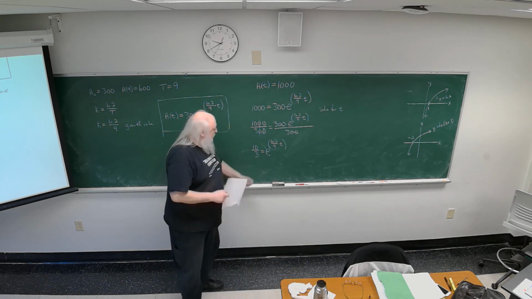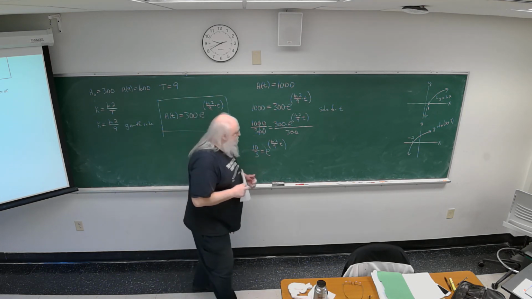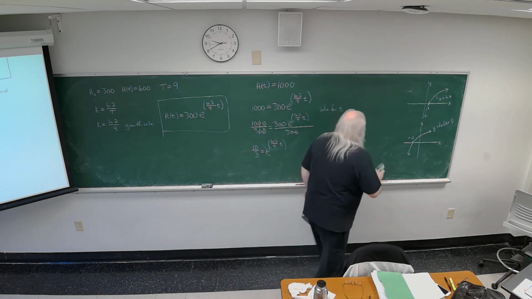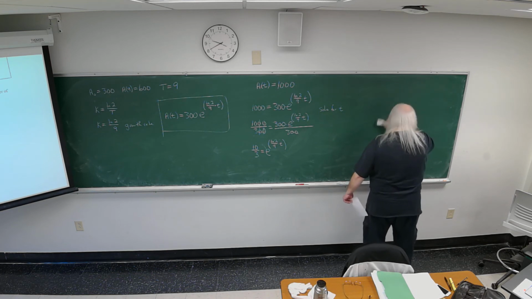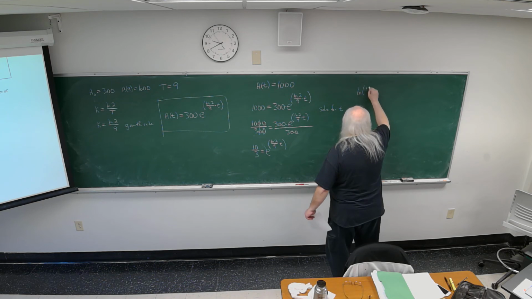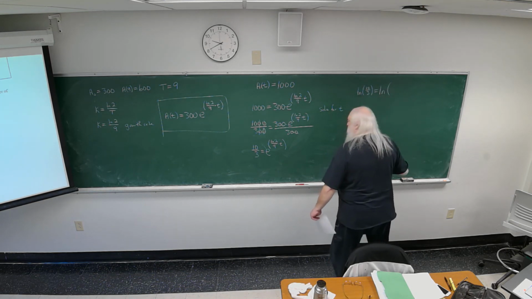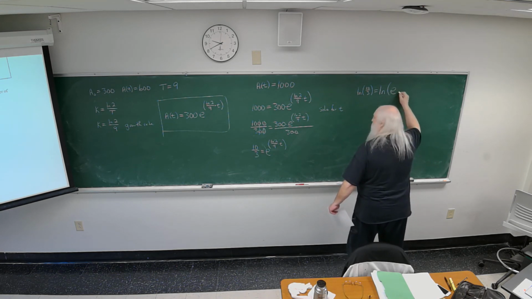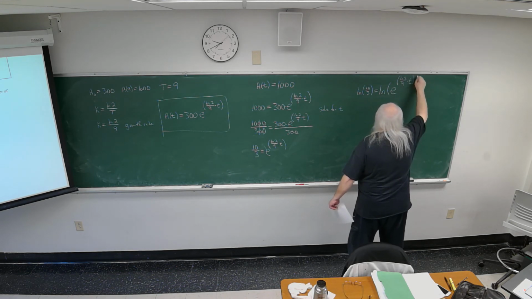By now you should realize the inverse function of the natural exponential function is the natural log function. So we take the natural log of both sides. We have the natural log of 10/3 is equal to the natural log of e raised to the natural log of 2/9 times t power.